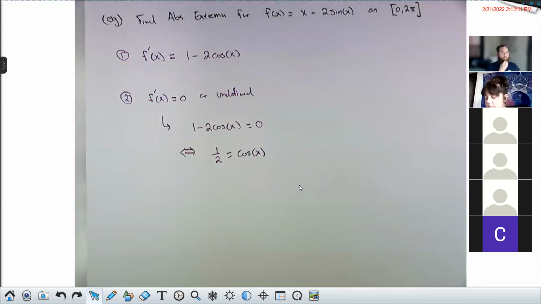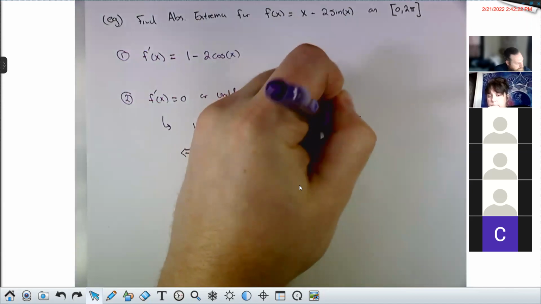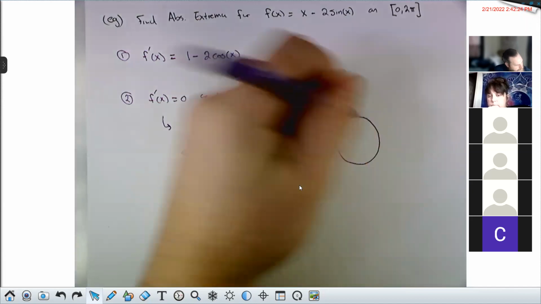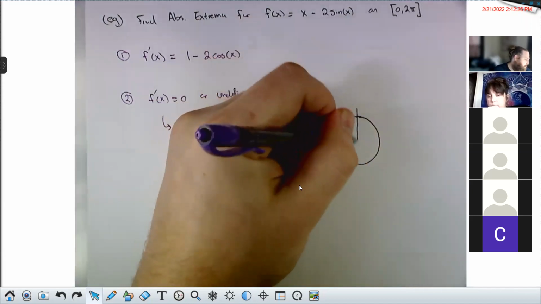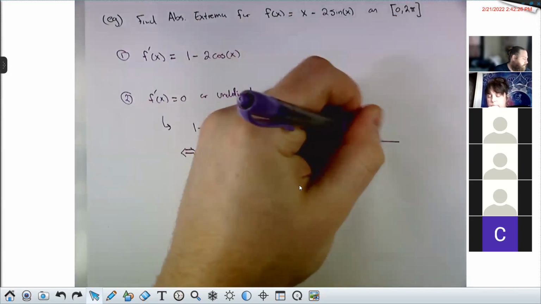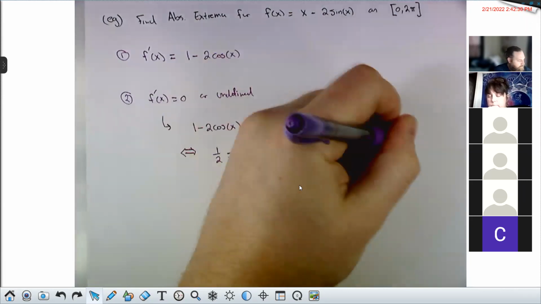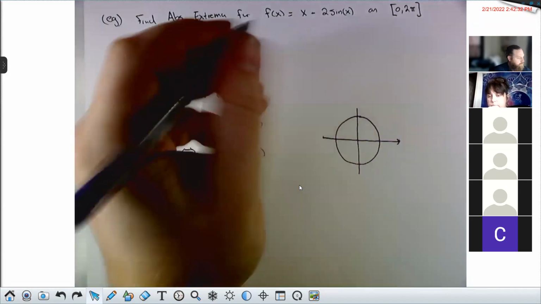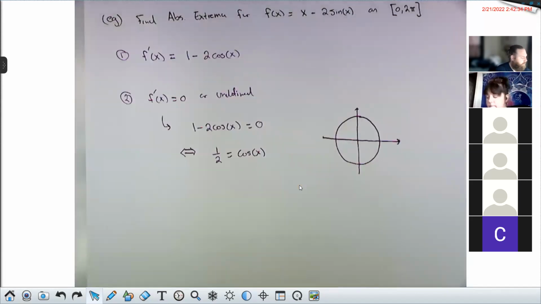And then it's up to you how you solve equations like this. You can use the inverse cosine function to help you out a little bit. But I encourage you to think in terms of the unit circle because the inverse trig functions have the associated domain restrictions, which can get you in trouble.